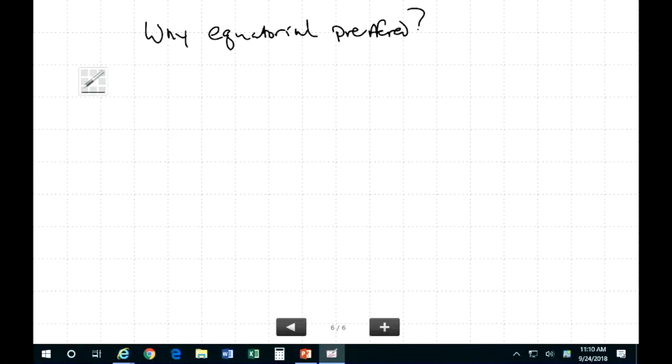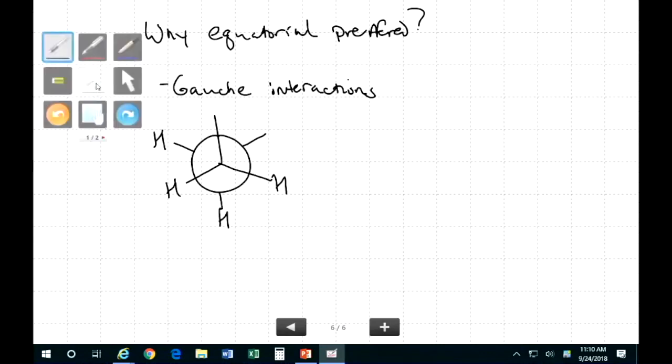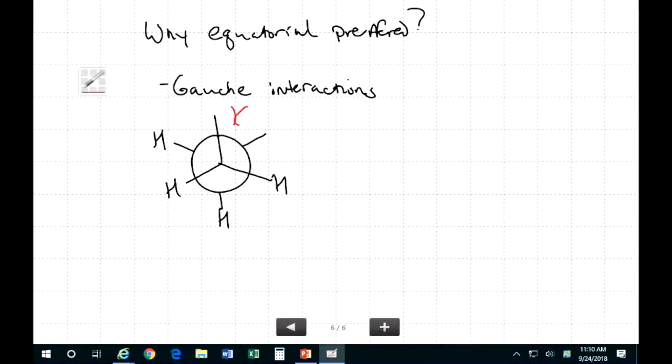There are two reasons. One is we can think about gauche interactions. You remember gauche interactions from a Newman projection, so here's a little refresher. Gauche interactions happen when you have two non-hydrogen groups side by side in a staggered conformation. So right here, this is a gauche interaction.